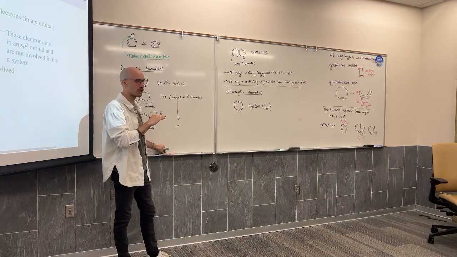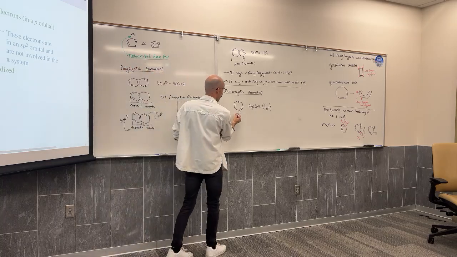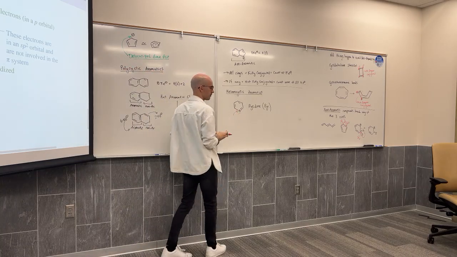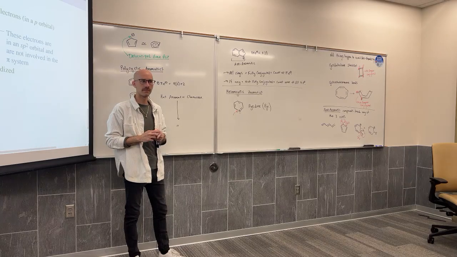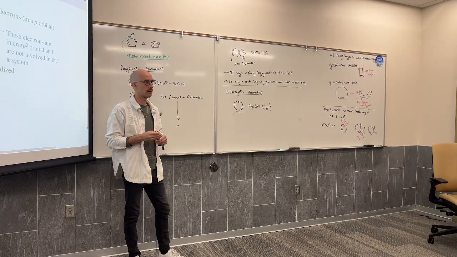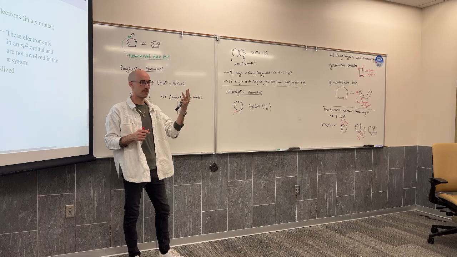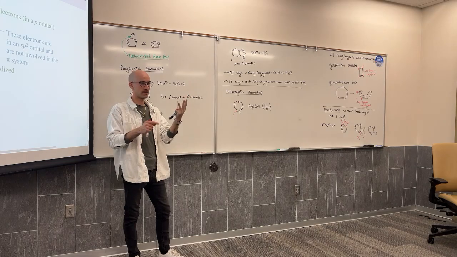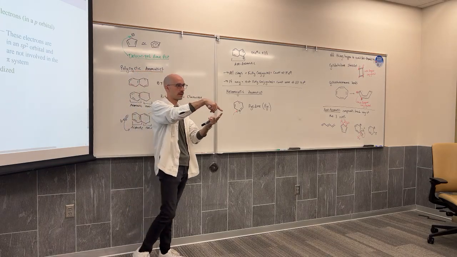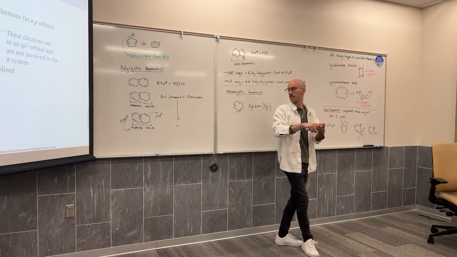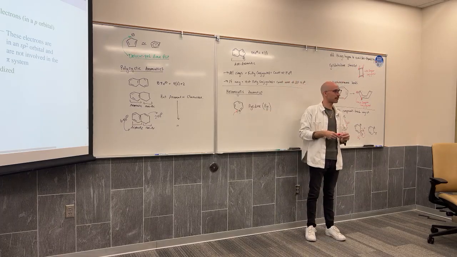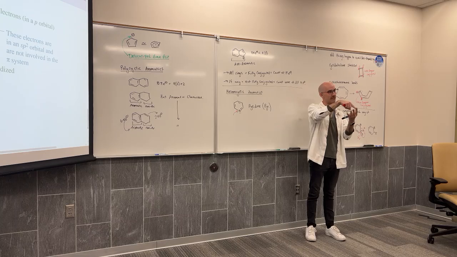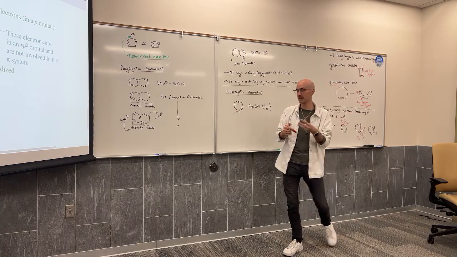Now, is it any question what hybridization nitrogen is? It shouldn't be. It's in a pi bond. This atom has 3 electron regions: a lone pair, a single bond, and a double bond. And because it has a double bond, it must have a p orbital, which means it cannot be sp3 hybridized.